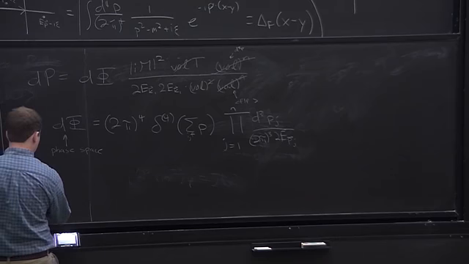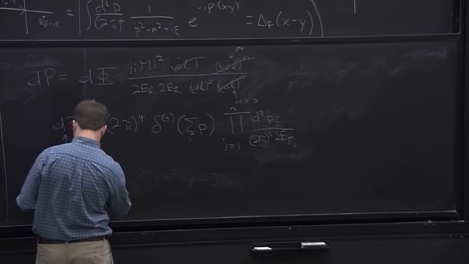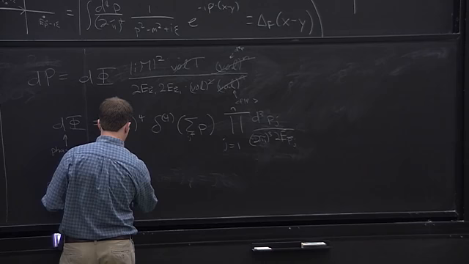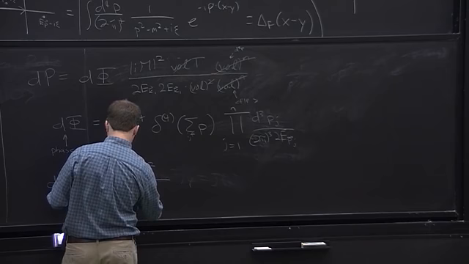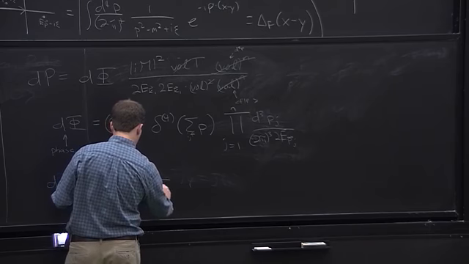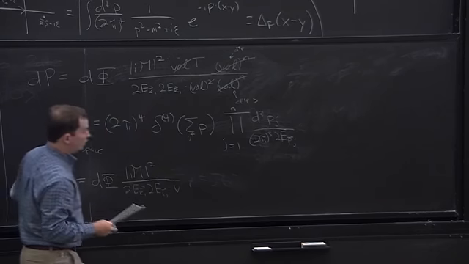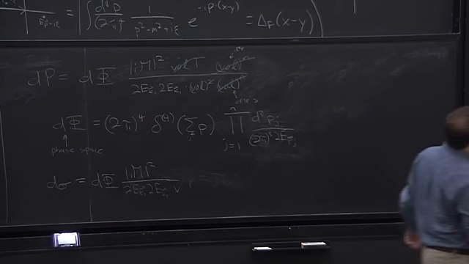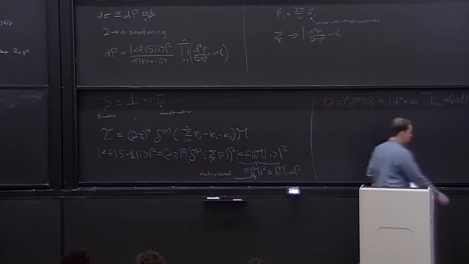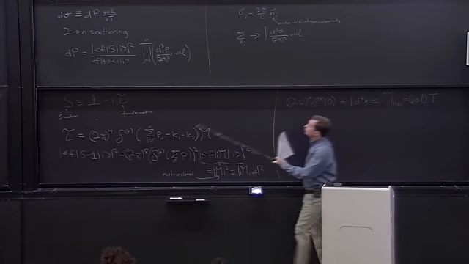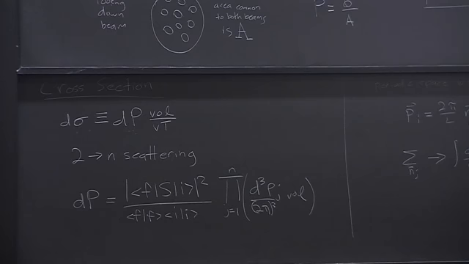And what we're left with is then dσ is dΦ times |M|² over 2E_k1, 2E_k2, times the v. There was a v in our formula up here that related the cross-section to the differential probability.